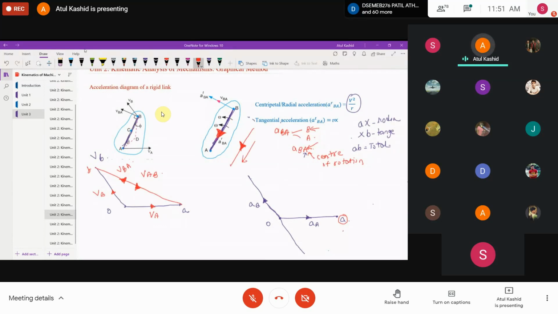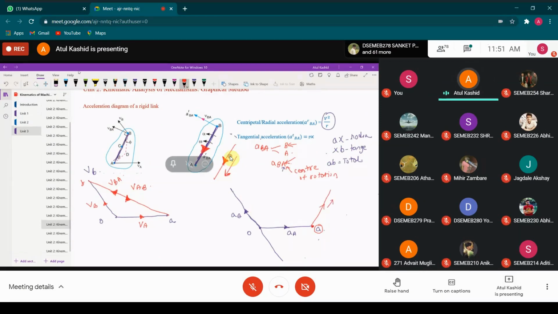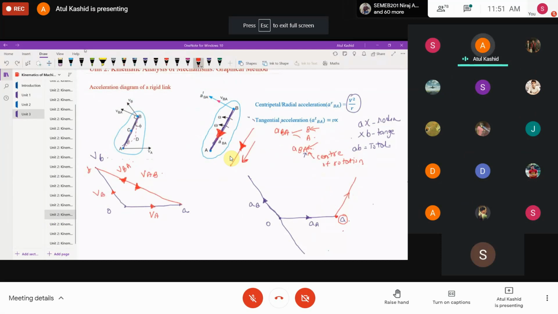In this direction we have to draw the vector. Which point do we have? We have point A, right? So I'm not going to draw the vector like this because it will point in this direction. So for radial acceleration, I have to point in the downward direction. Now see this and see this. So this is what my radial acceleration is.